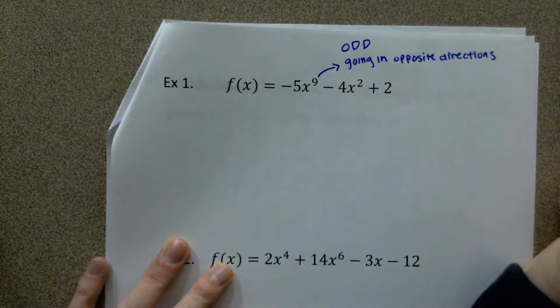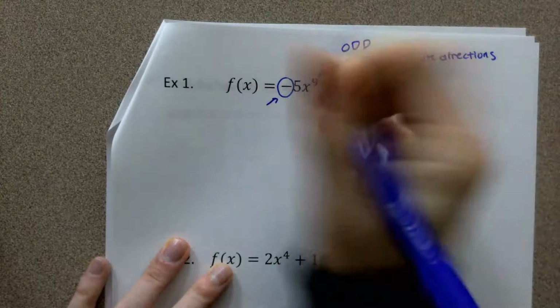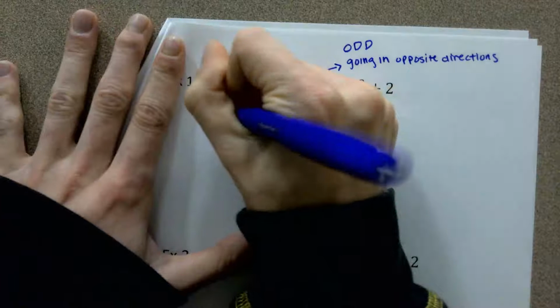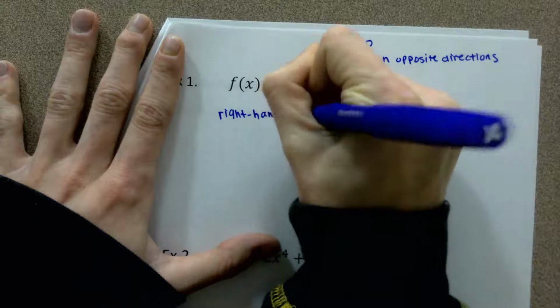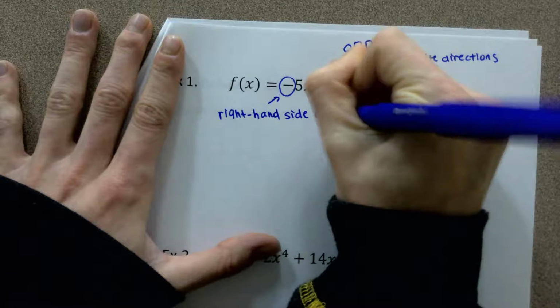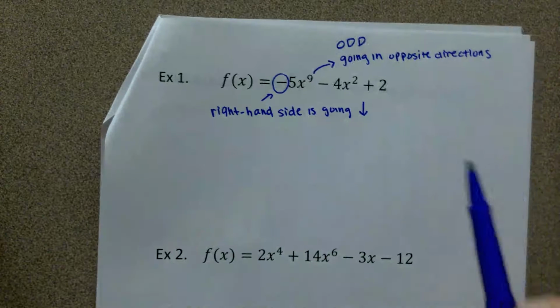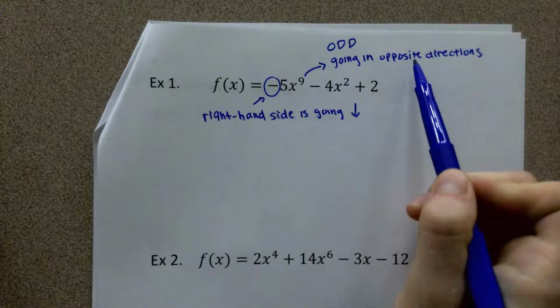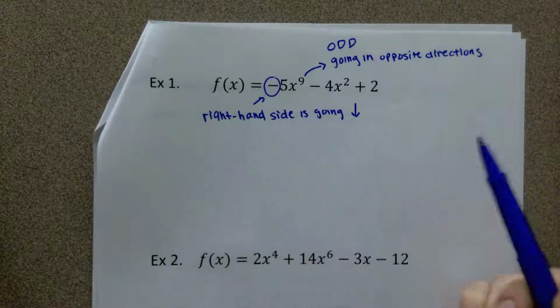All right. This negative here is telling me that my right-hand side is going down. Okay. So if they're going in opposite directions and my right-hand side is going down, then my left-hand side has to be going up.